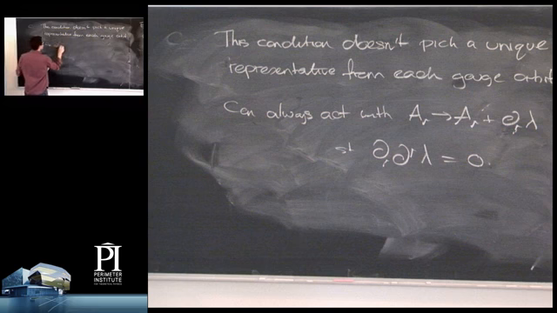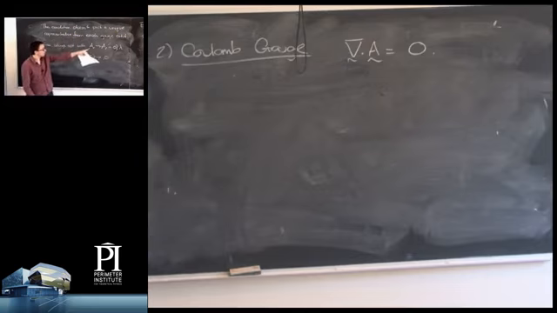So we can always act. So this is a residual gauge symmetry. Even after we fixed this gauge, there's still this left over.